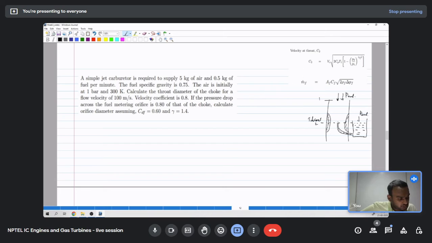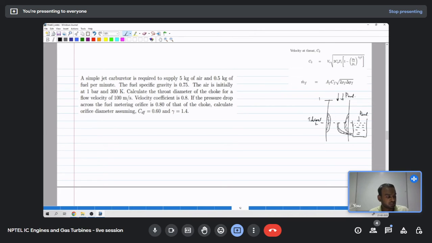Since the pressure of the air at the throat, that is P2, is low, the fuel will start flowing from this tank surface to the intake stream. So that is how we get fuel in the case of an SI engine, and this process is called carburation. And this is a kind of simple jet carburetor.